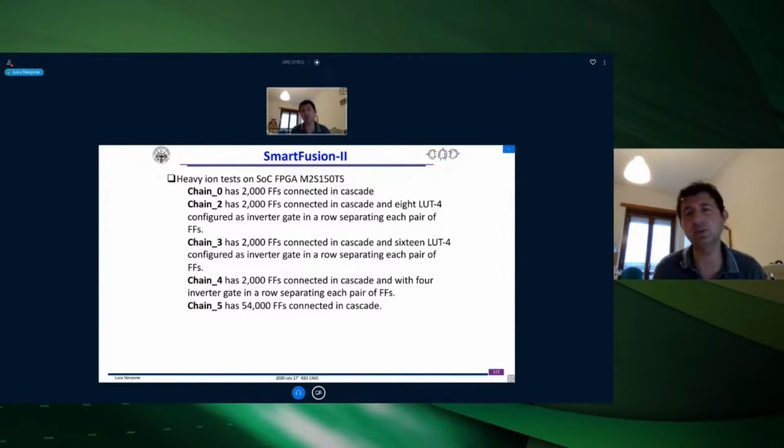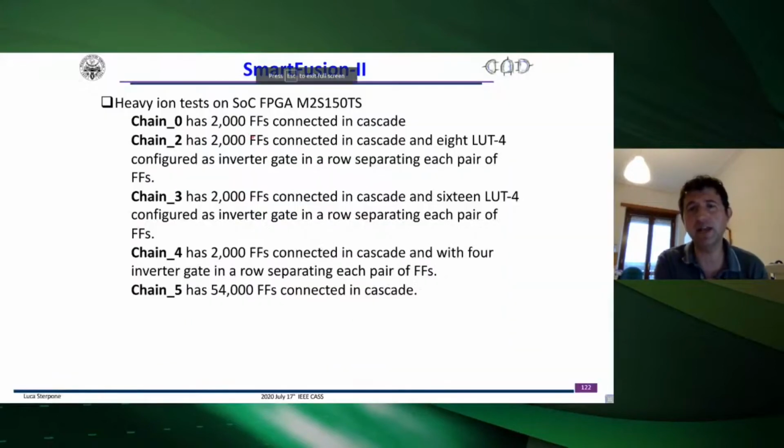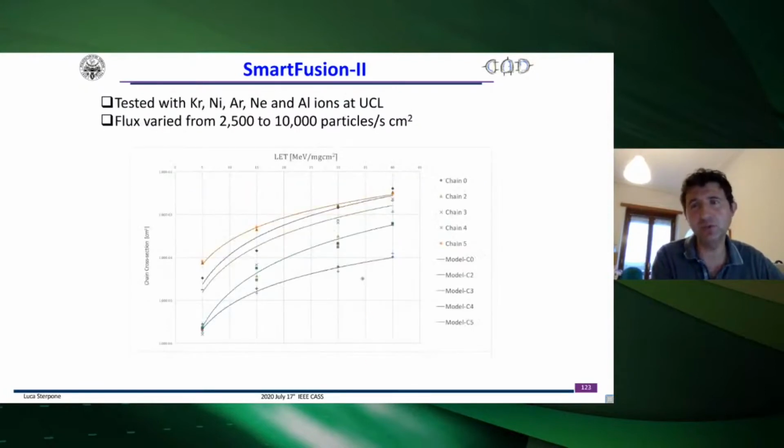And well, this is interesting because you can put in test circuits. Here I show you a comparison between different chains. They have thousands of flip-flops, and they are interleaved by inverter gates. The result illustrated here shows that they have different sensitivity, clearly, and the possibility is to predict all this shape.